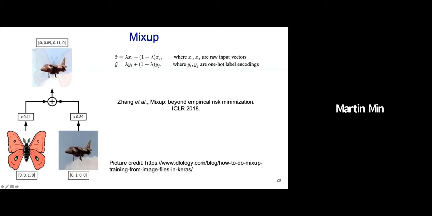For example, assign a bigger weight to the helicopter and a smaller weight to the butterfly, and then I linearly combine them, convexly combine them, and you will get this image. I will assign the new image the label of 0.11 butterfly and 0.89 helicopter. Using this trick, from these two images you can create a lot of convexly combined images with soft labels. So this is another efficient data augmentation trick.